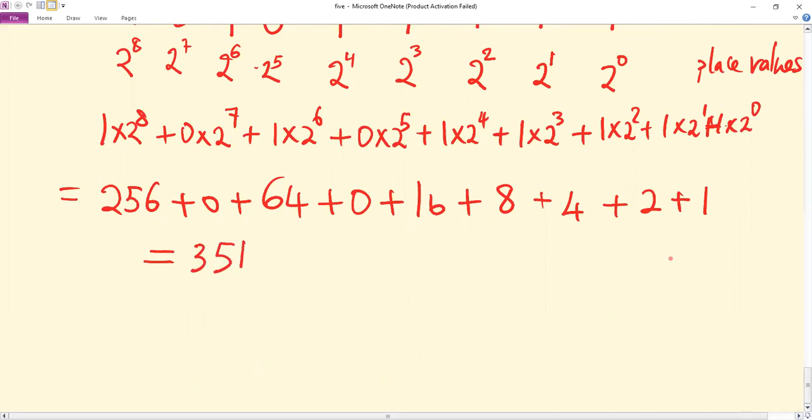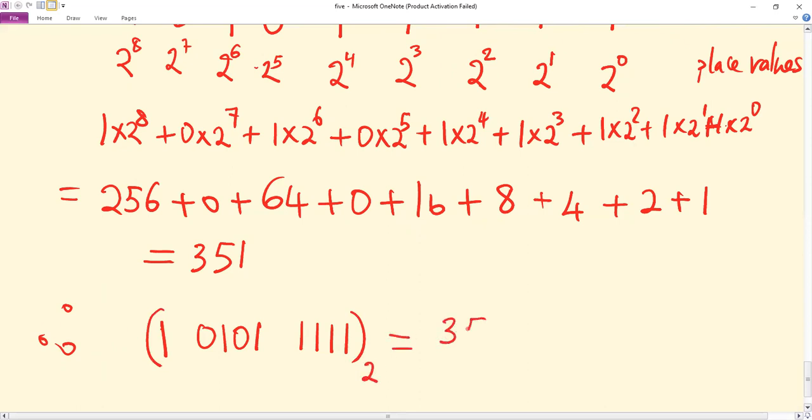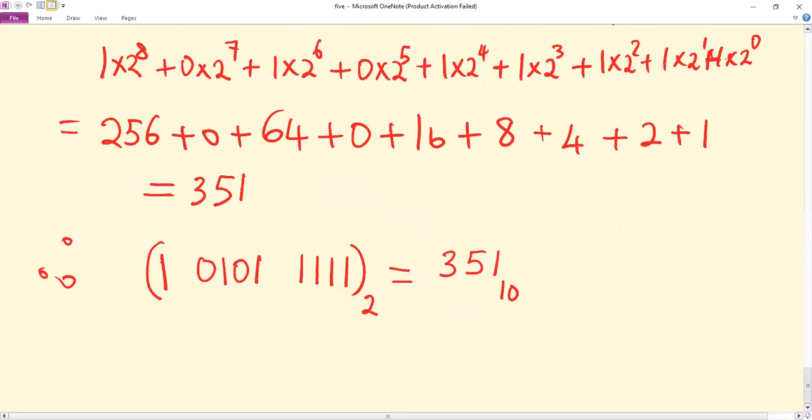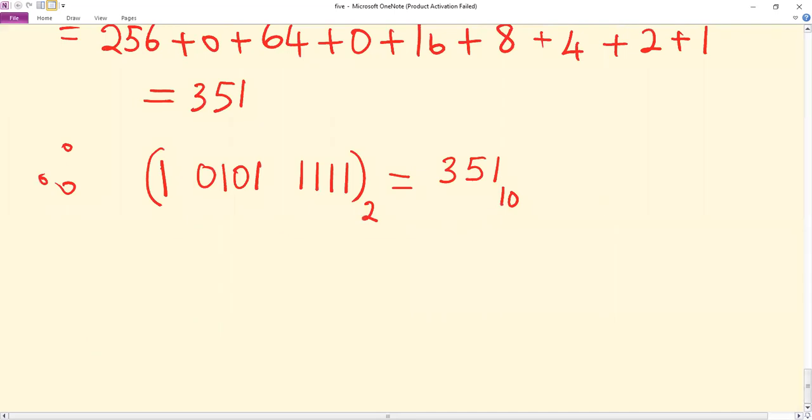So therefore 101011111 to base 2 is equal to 351 to base 10, or just 351. So that is how we convert from binary to decimal numbers. The next session will be studying the next number system we call the octal system.